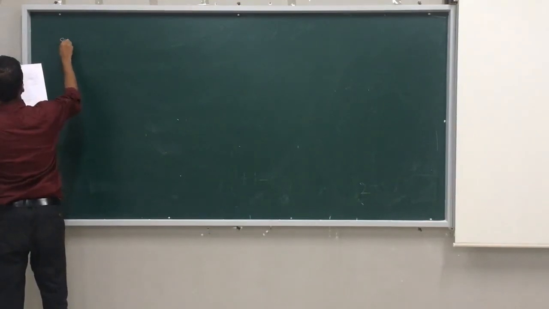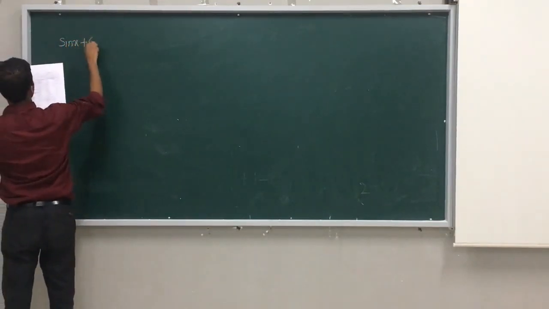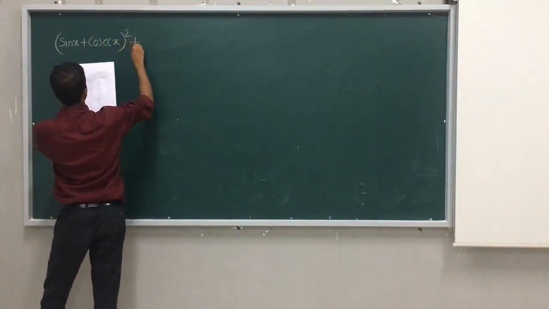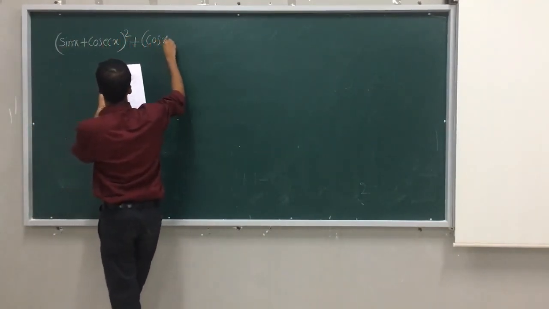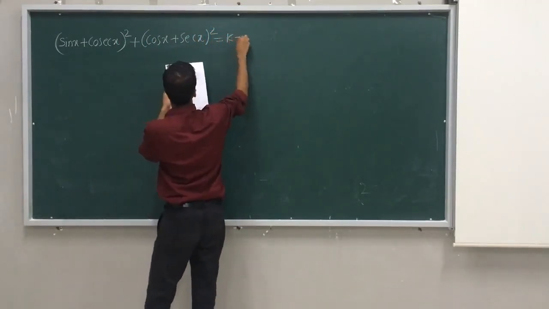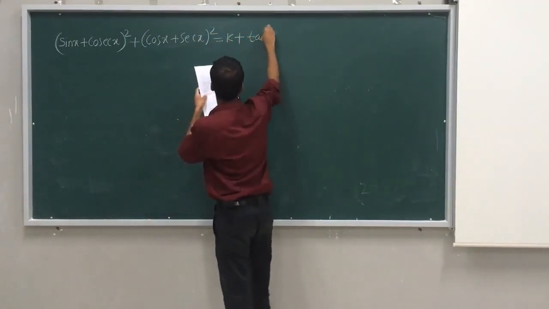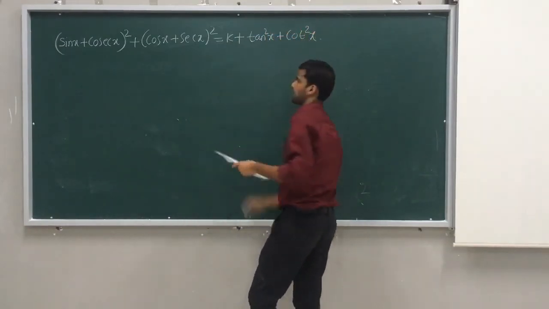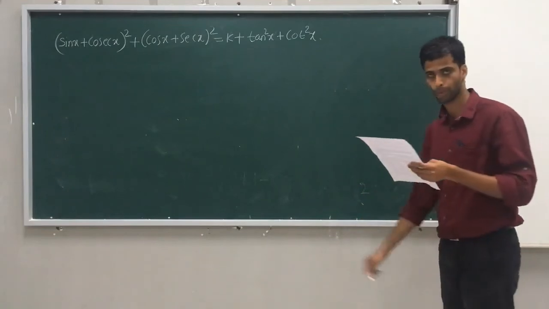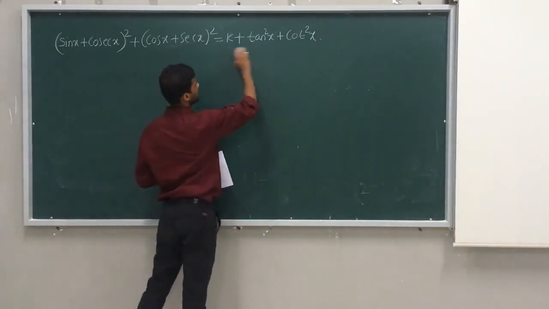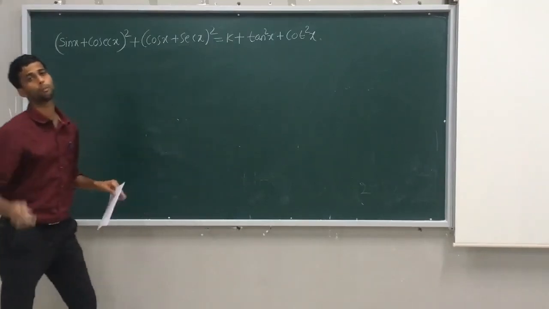Given sin x plus cosec x the whole square plus cos x plus sec x the whole square is equal to k plus tan square x plus cot square x, what is the k answer? Given 4 options, they expect this to be equal for what value of k?